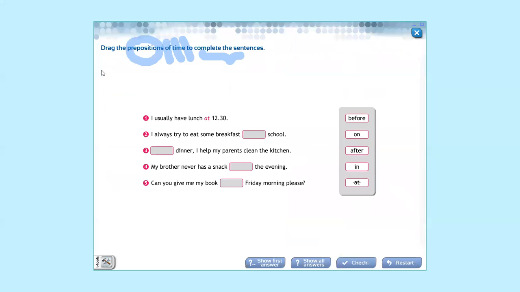Attention with the next one, please. Please continue, Alejandra, with the number 1. Drag the preposition of time to complete the sentences. Number 1, read, please. I usually have lunch at 12:30. Number 2. I always try to eat some breakfast before school.